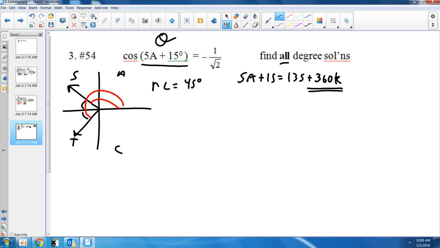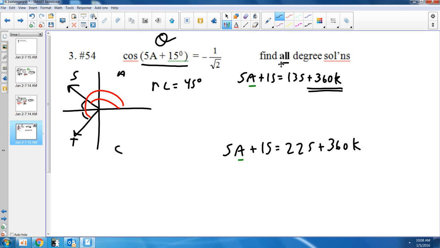The other one, I can do the same thing: 5A plus 15 is equal to 180 plus 45, which is 225 plus 360K. After you write those down, all it is is solving for your A. So you're focusing on those two letters and solving it and combining like terms.